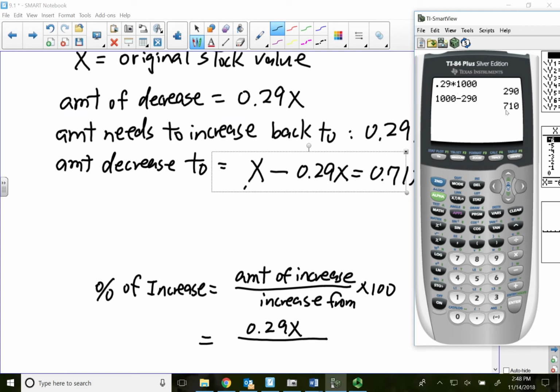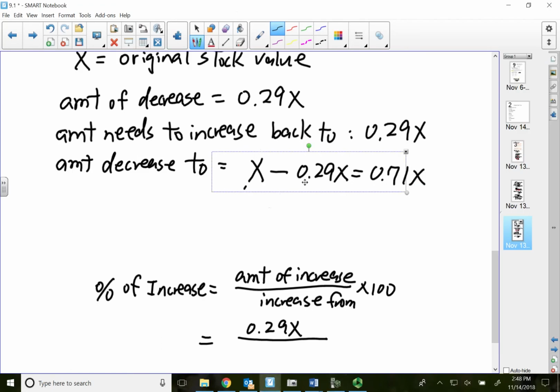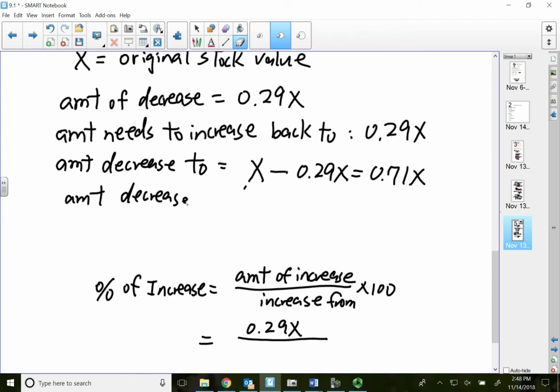So the amount decreased down to is the same as the amount increased from.